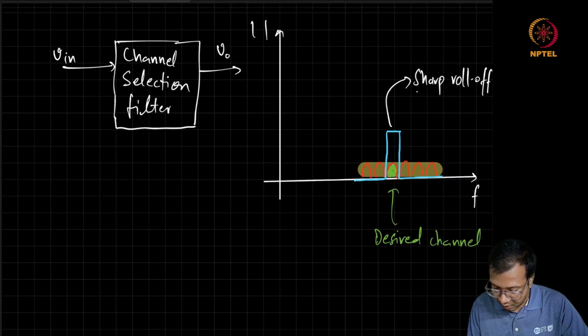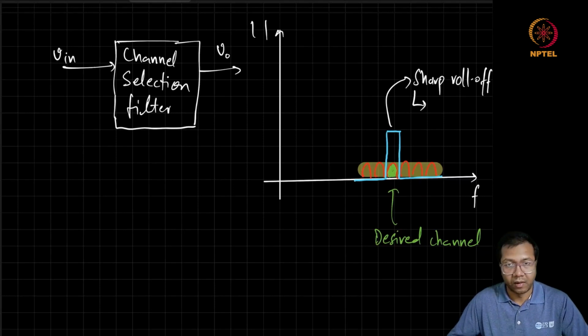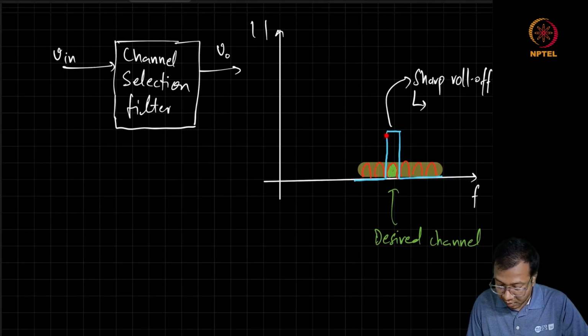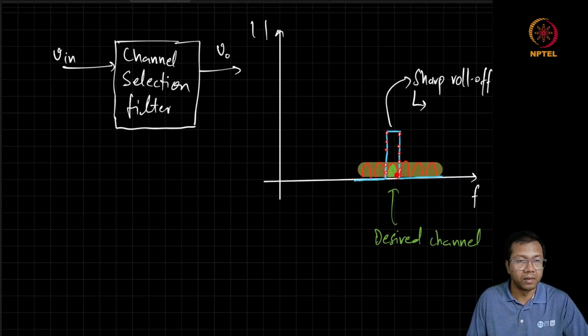Okay, and in turn, this sharp roll off requires filters to be designed with higher order. Higher order means it needs to have a lot more poles to help in achieving such a sharp attenuation.